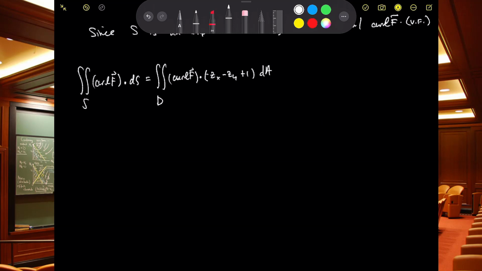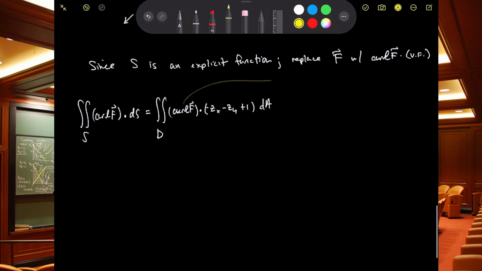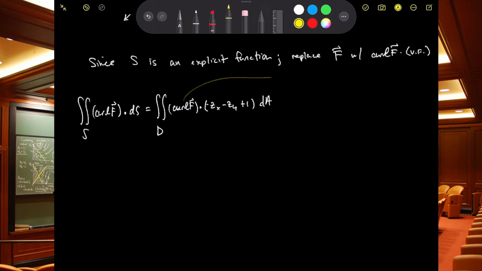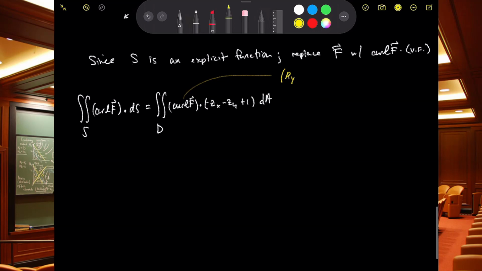Well, we have to remember what curl is. This was a little while ago. Curl for a three-dimensional vector field is R sub y minus Q sub z, minus, P sub z minus R sub x, and these should be plus, I believe, and then plus Q sub x minus P sub y.